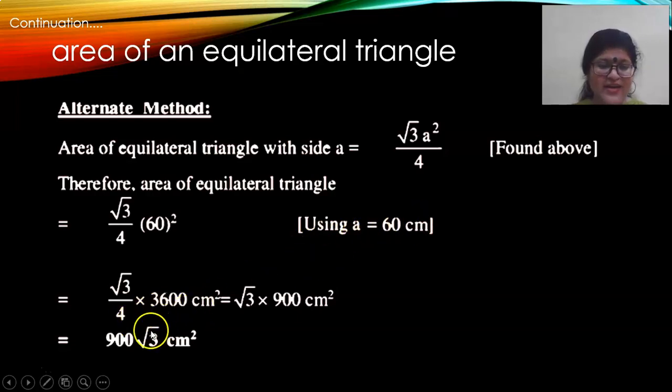So when you solve that, you get the area as 900 root 3 centimeters square. So what do you notice? In this question, we have found out the area of the triangle by using Heron's formula. Then we used Heron's formula to also derive the area of an equilateral triangle.